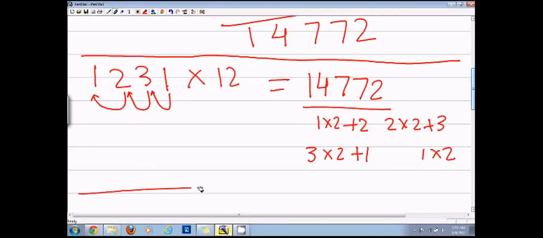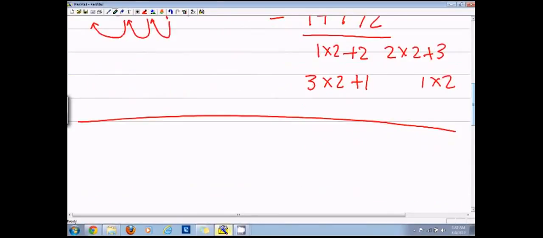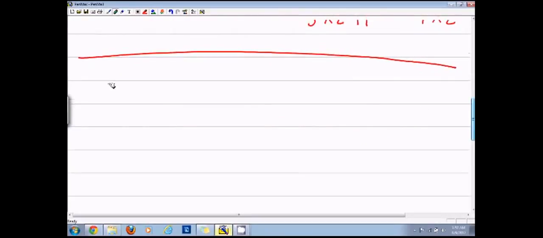So let's take another example. If I have to multiply 1212 by 12.